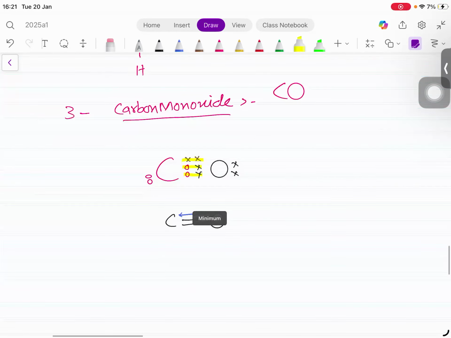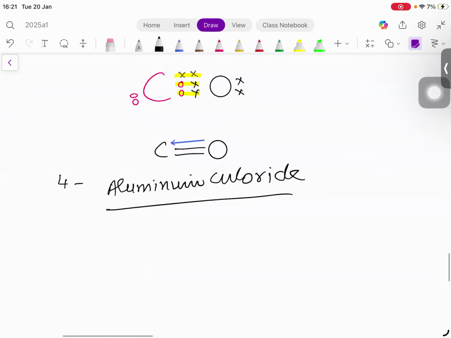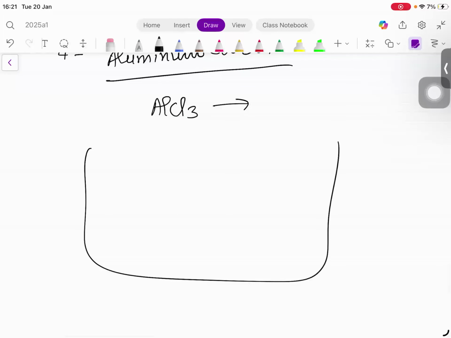Number 4. Next is Al2Cl6. First let me tell you about aluminum chloride. Yes, this is AlCl3, but it has a unique feature: when you take the molecules of AlCl3 in a beaker, they start pairing up together.